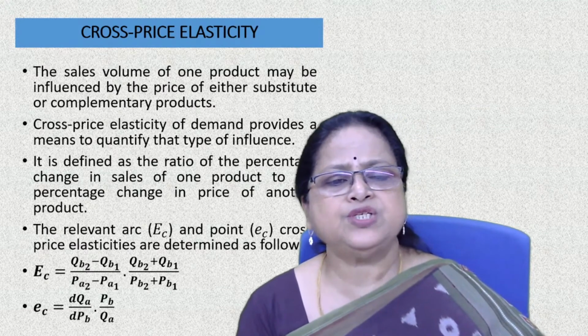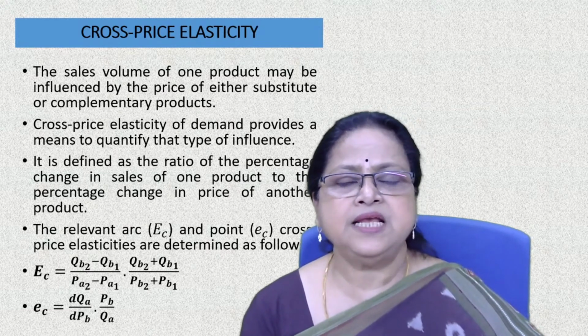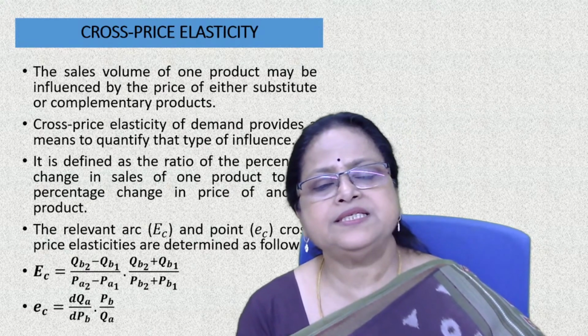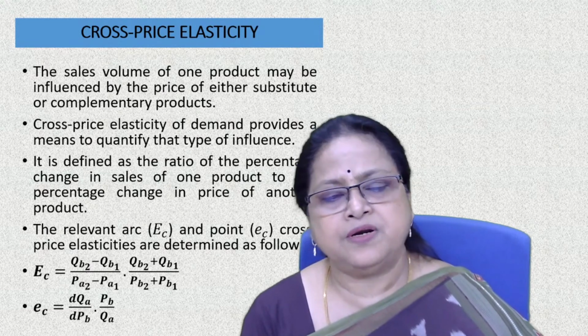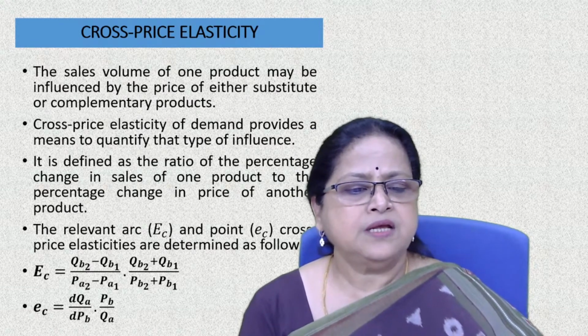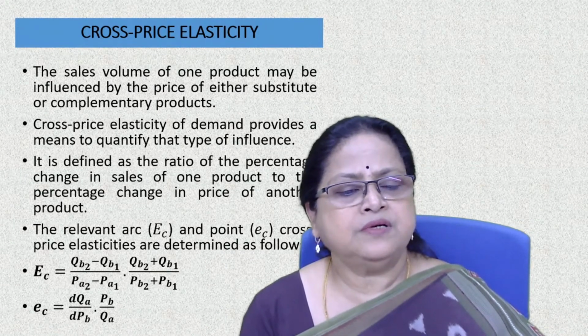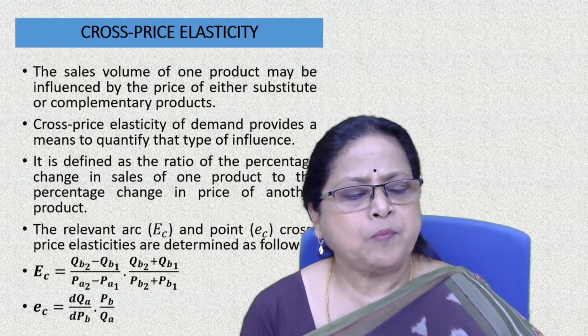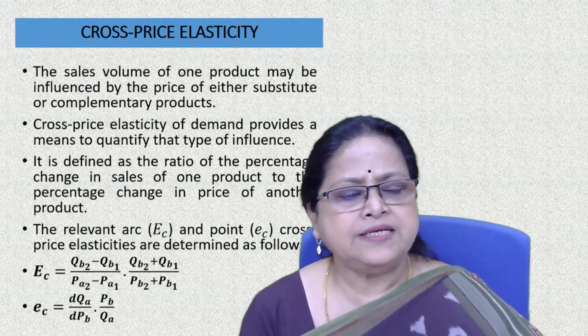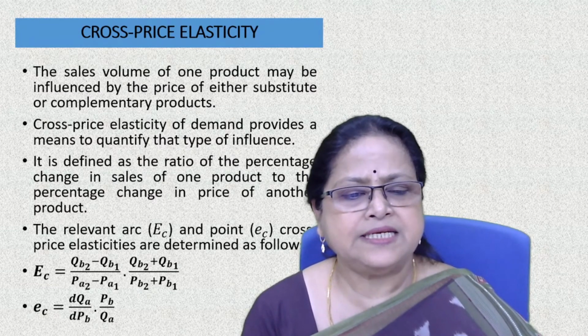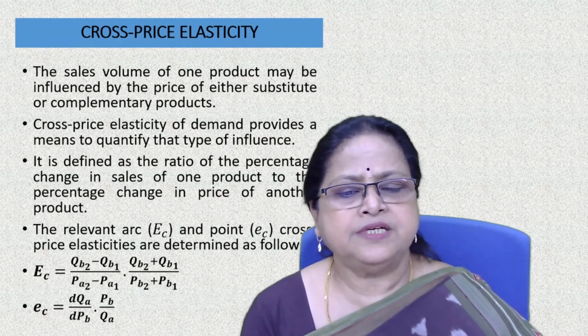It is defined as the ratio of the percentage change in sales of one product to the percentage change in price of another product. Suppose there are two products, products 1 and 2. Cross price elasticities are determined like this.